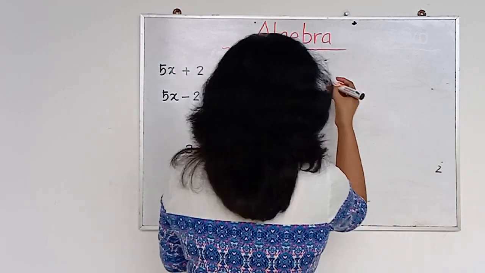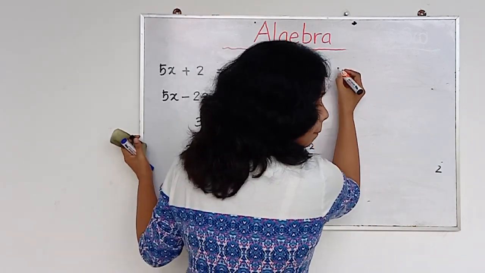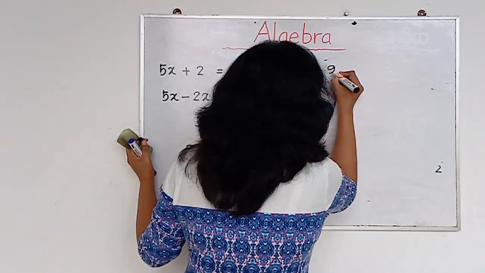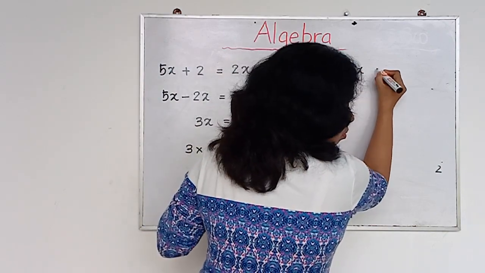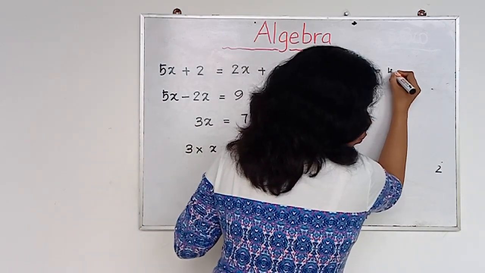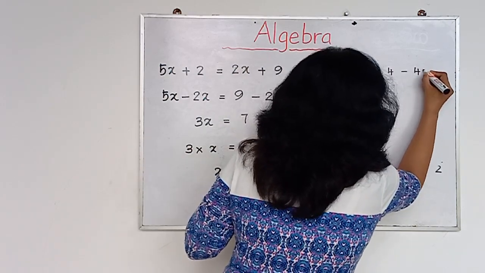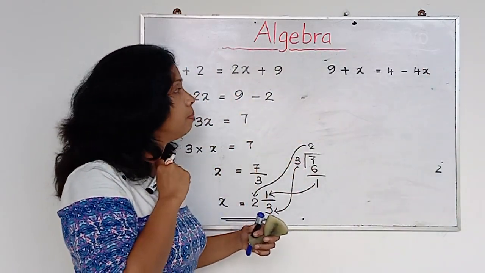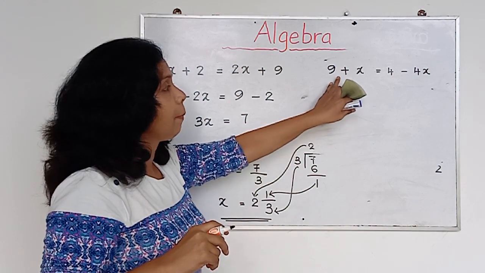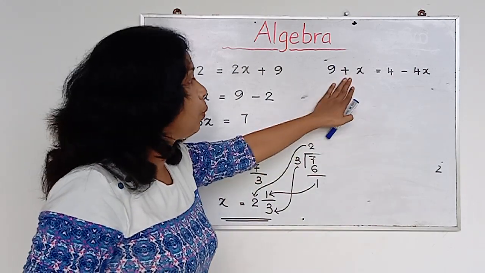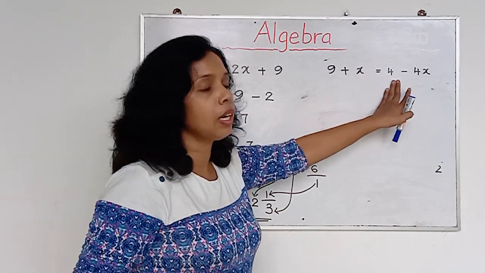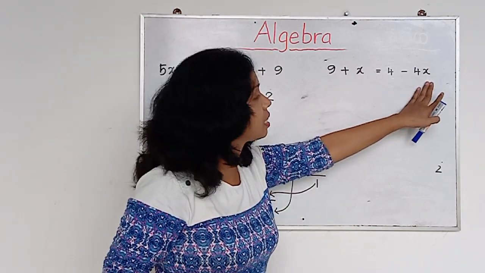It is 9 plus x equals 4 minus 4x. Right. Tell me what you can do. Again, the same scenario. Here you have 9 and x, and here you have 4 and x values.